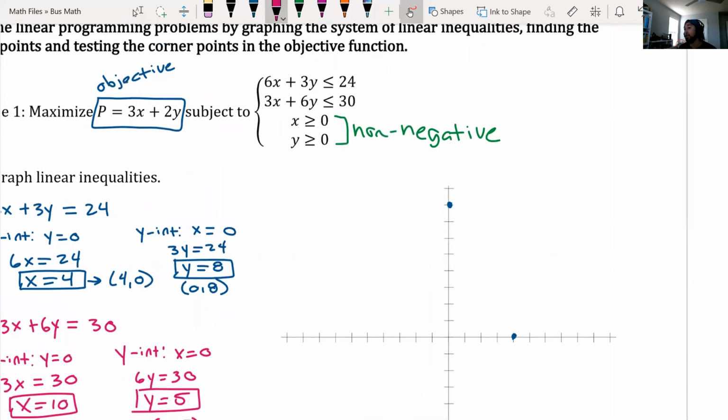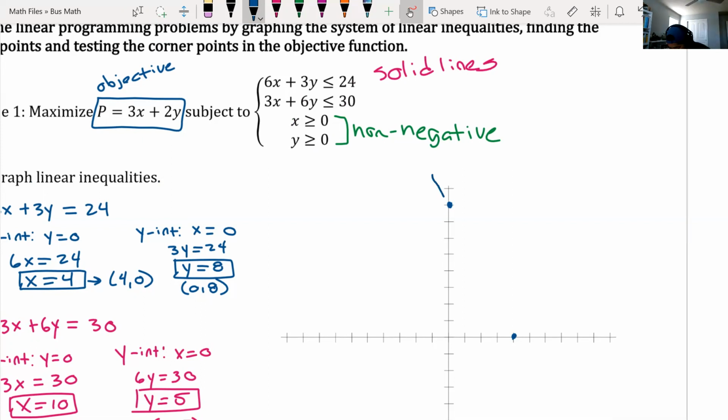Remember, based on inequalities, it tells you how your lines are, dashed or solid. And these are all less than or equal to or greater than or equal to. So all these lines will be solid. I'll say solid lines. Okay, and then we just connect the 2 points.